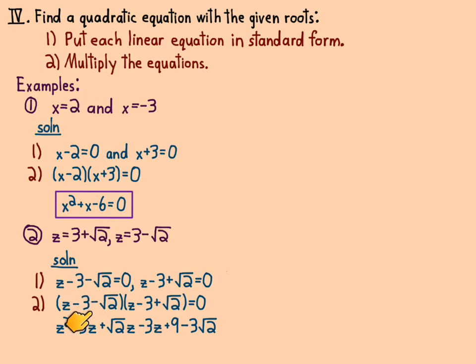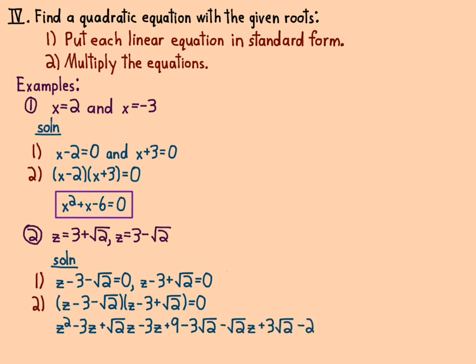So now I'm taking minus 3 times each of these, and that's what these 3 are. Okay. And then I'm going to take the minus square root of 2 times each of these 3. And remember, minus square root of 2 times square root of 2 is just negative 2. So I'm going to do those.